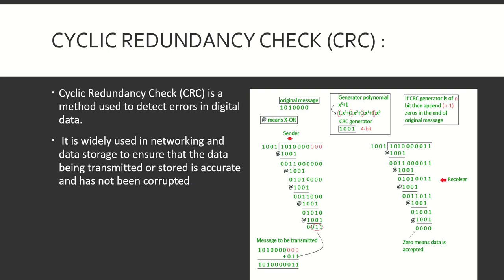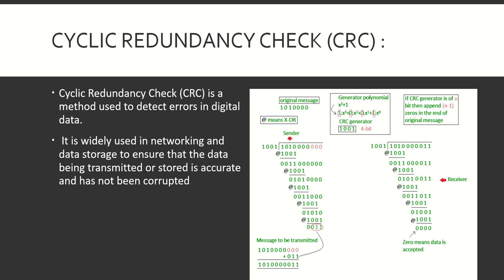Let's see this with one example. Original message is 1010000. It's our original message. After that, the sender generates the polynomial x^3 + 1.